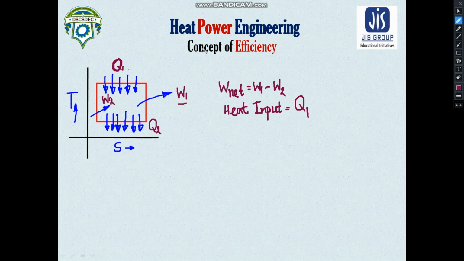Efficiency means what you are getting as output, and what you are giving as input. We generally denote the efficiency by this sign, called eta. So eta means the W net, that is the work which you are getting as net output, over the heat input.